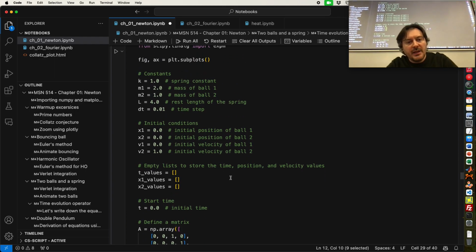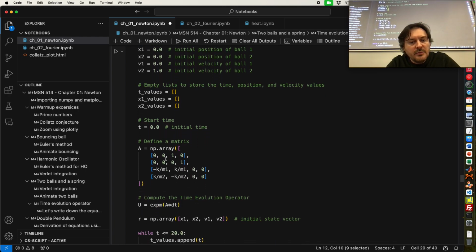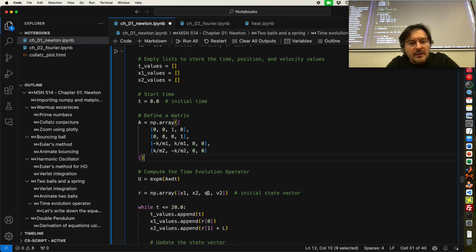So let's see what we have. We have initial conditions, and then we have this matrix, right? The matrix is just the one that we wrote. Yes? And then there is this time evolution operator, which is, do you see, not exponential A times delta t, it's expm.